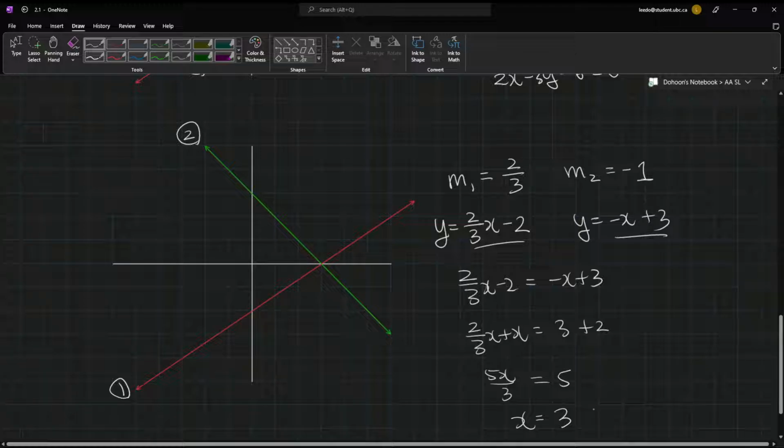After we find the x value, we can substitute the x into any of the equations. So we can see that at the point of intersection, the x value is 3, the y value is 0.